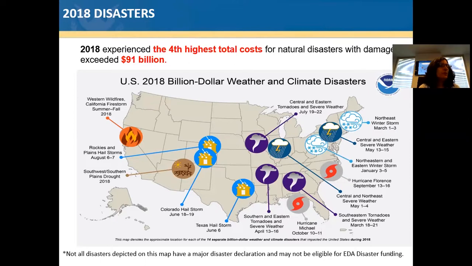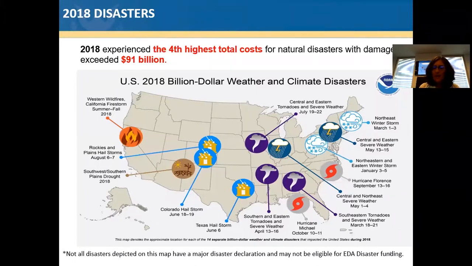To note, not all of the disasters that are on this NOAA slide are declared as major disasters, and thus, not all of these disasters are eligible for EDA disaster funding. So please consult the FEMA website for eligibility, and we'll be discussing that website a little bit later on in the webinar.